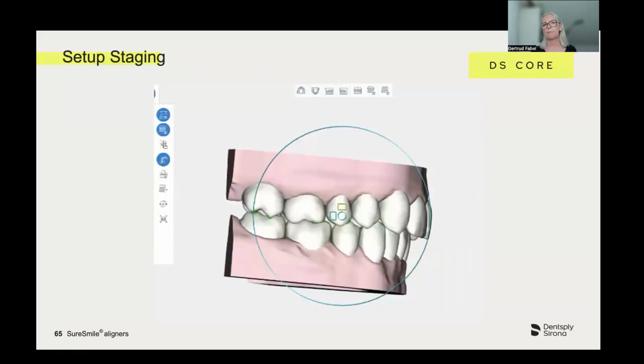And 48 hours, more or less, or let's say 3 days later, we get the so-called staging, which I control by the 6 points and 6 keys of Andrews, and the points I lead through the staging by the SureSmile software.